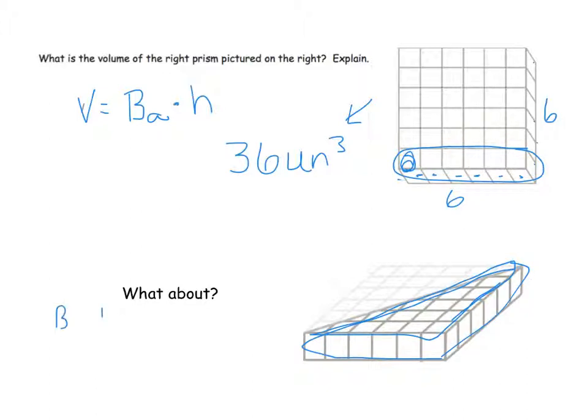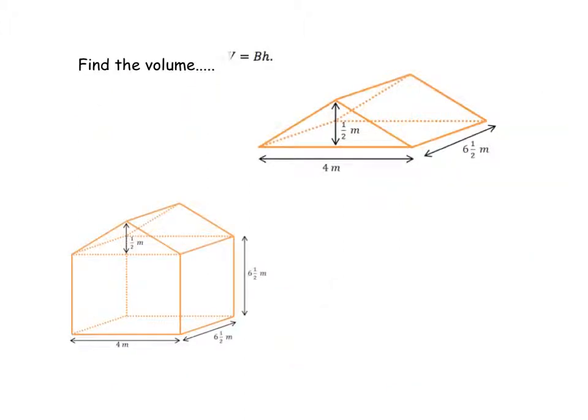So my base area is 1/2 times base times height, or 1/2 times 6 times 6. So that's 18. And then I have to multiply it by the height of 1. So this would be 18 units cubed, which makes sense because we just took this here and divided it in 2.